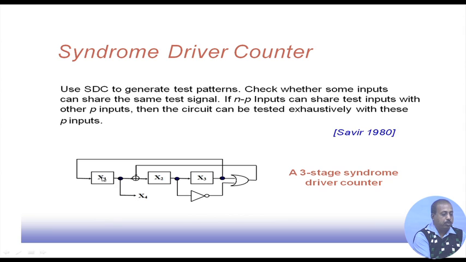So whatever pattern is generated from this circuit, x1 and x4 are going to be the same. If that is the case, then for the circuit that we are going to check, the line to which x1 feeds and the line to which x4 feeds can be shared. If they can be shared, then a 3 stage syndrome counter is sufficient. It can generate the patterns, and x1 and x4 are duplicates, but that can feed the circuit.